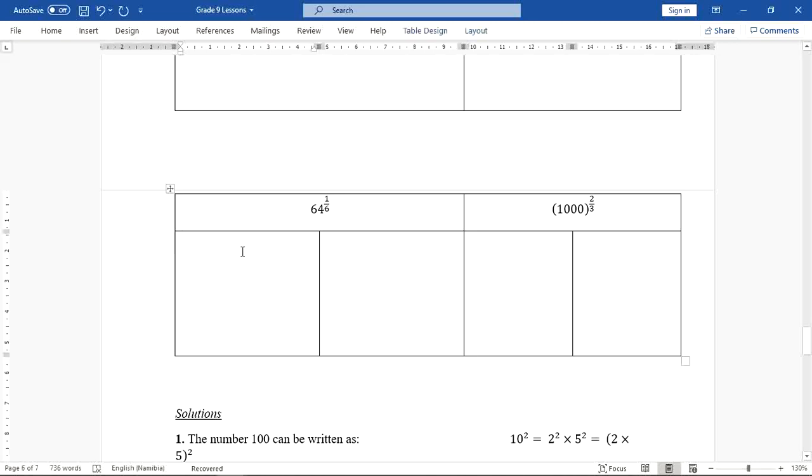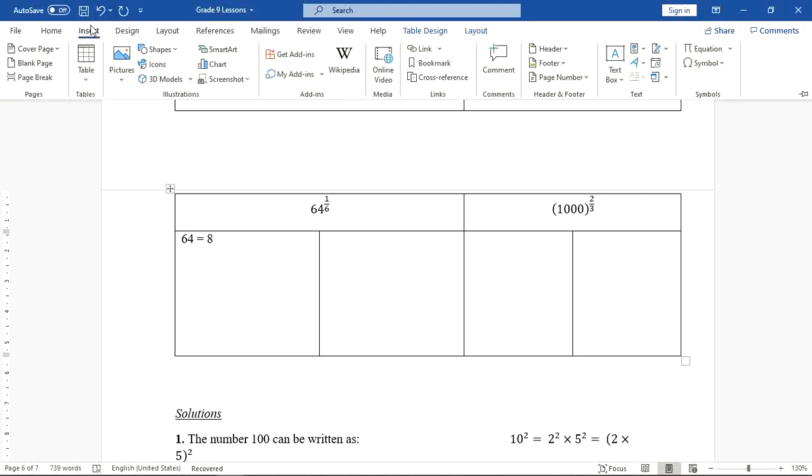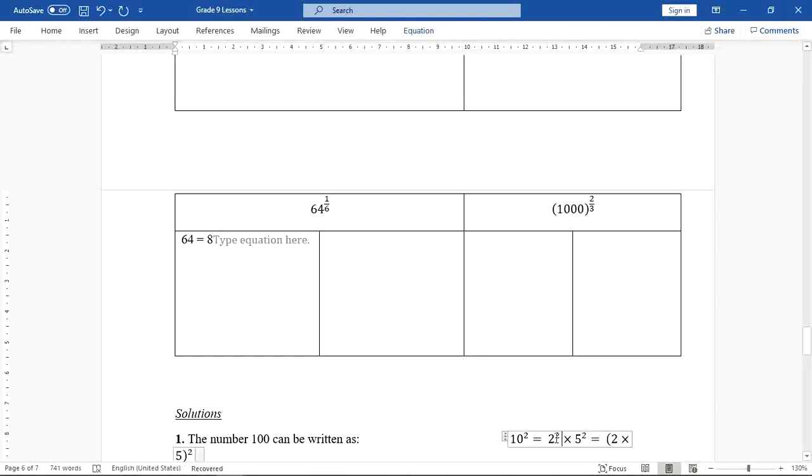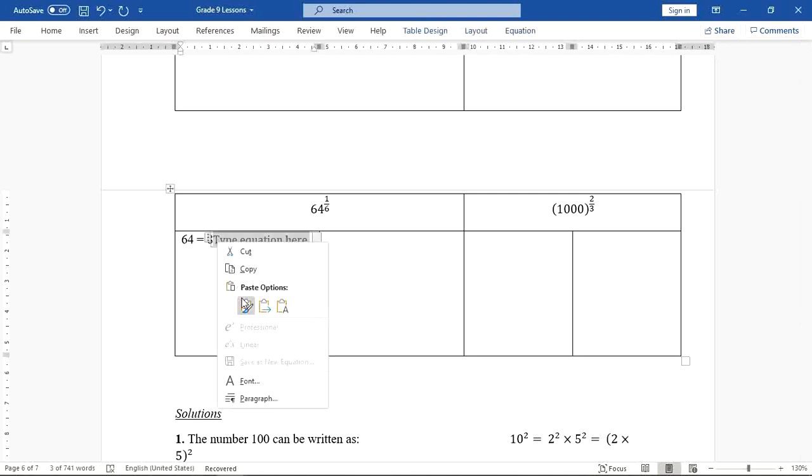The first way that I'm going to use is the fact that 64 is equal to 8 times 8. So I need an equation. I copy it and paste it here.